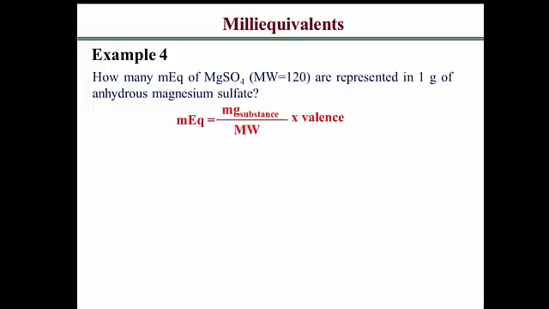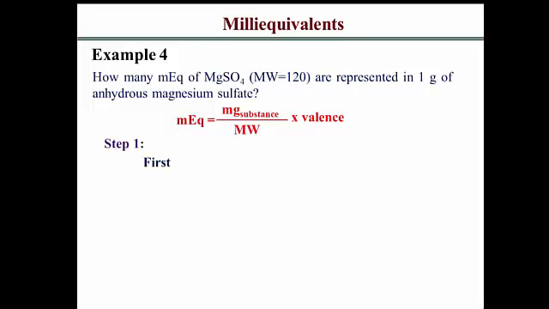Okay, so we're going to use this equation where your millimoles is captured by the weight of substance in milligrams divided by the molecular weight. And the reason this is convenient is because you can see from the question that you have a quantity in grams which you can easily convert to milligrams. You've been given your molecular weight and you can easily determine your valence. Okay, so this is why this equation is really appropriate for this kind of question.